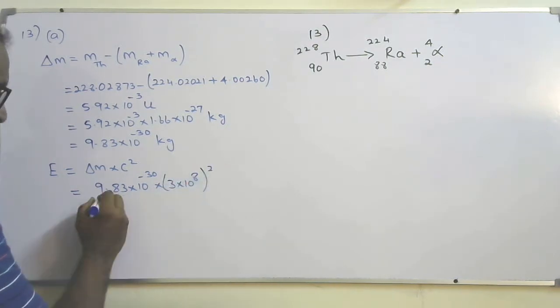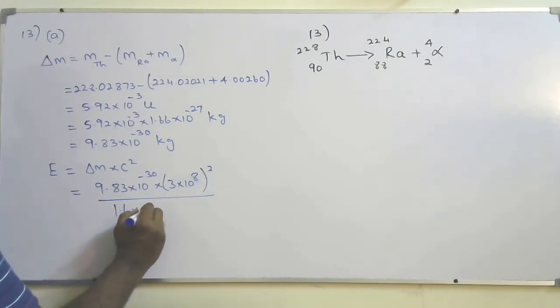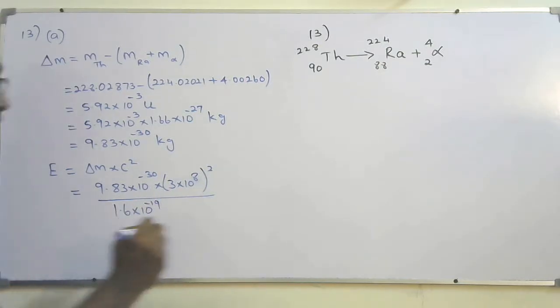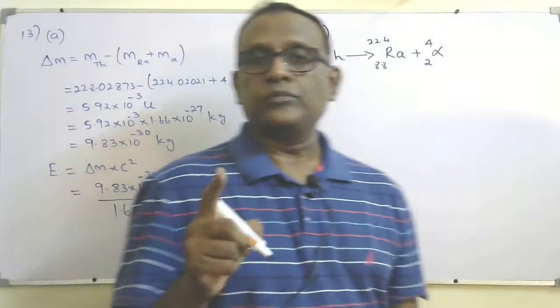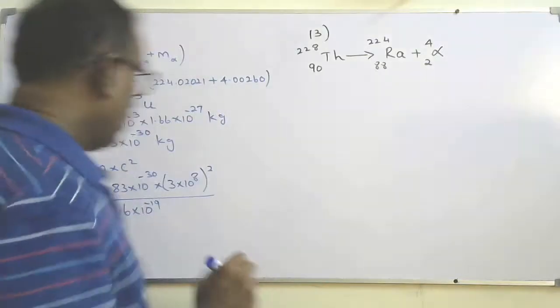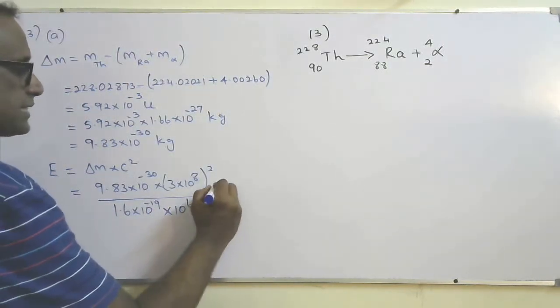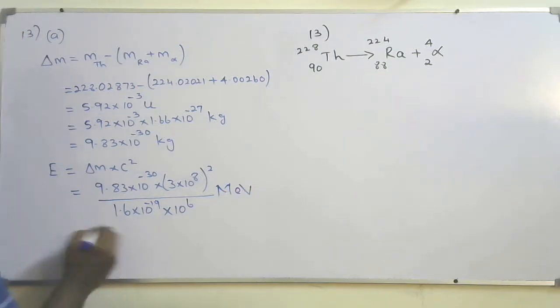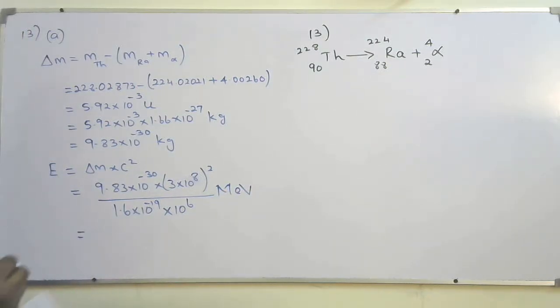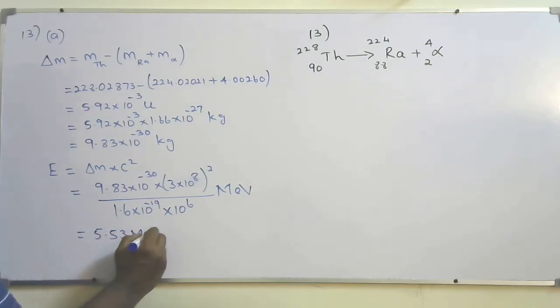This will be joule. To convert to electron volt, divide by 1.6 times 10 to the power minus 19. You know 1 electron volt is 1.6 times 10 to the power minus 19 joules. That's also given in the data sheet. To convert to mega electron volt, divide again by 10 to the power 6. So when you solve, you will get 5.53 mega electron volt.